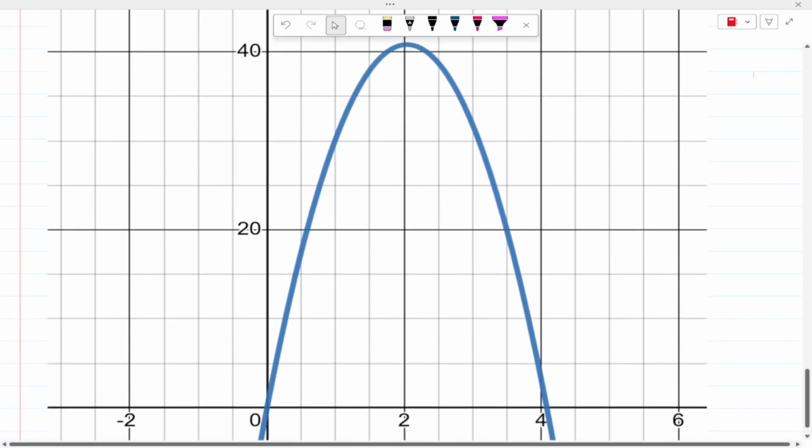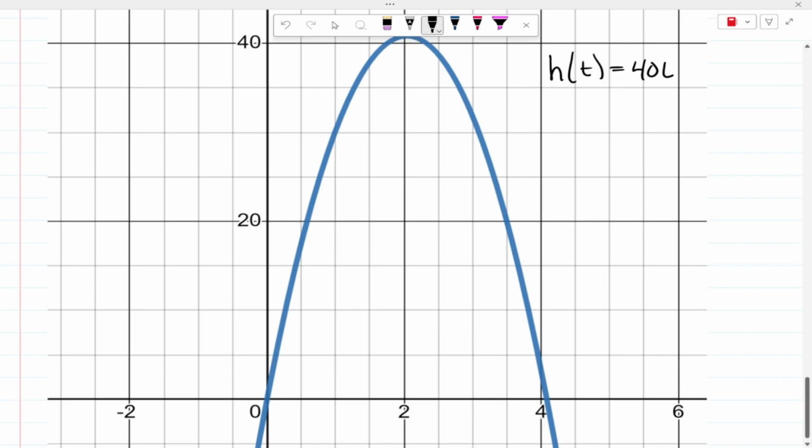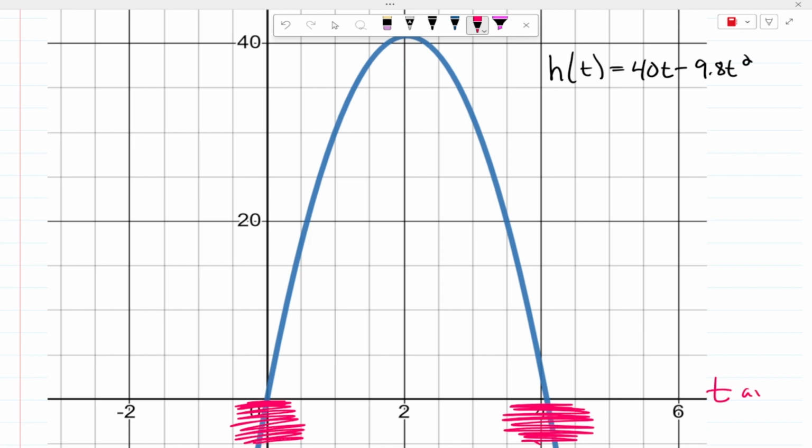So here's what we mean by a restricted domain, okay? This is the function h of t, which equals 40t minus 9.8 t to the second. And to be honest with you, I do not care at all about anything below the x-axis, or in this case, the t-axis.